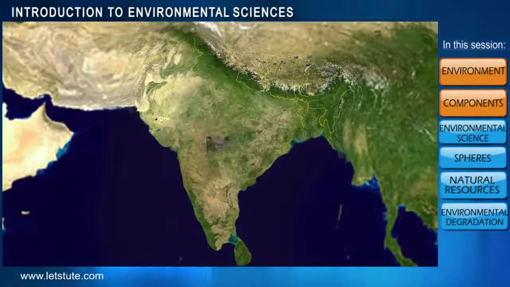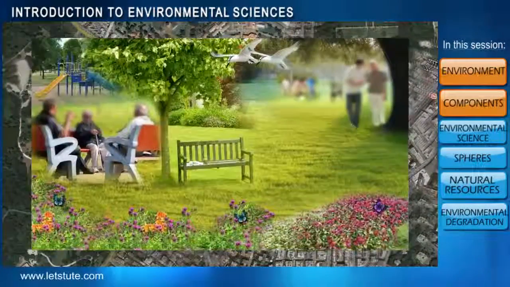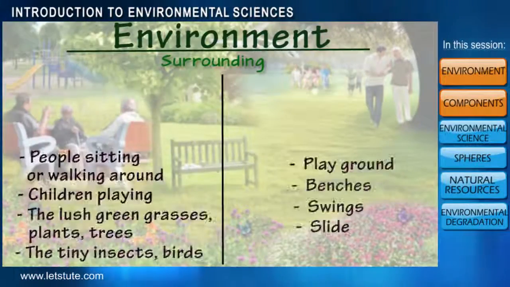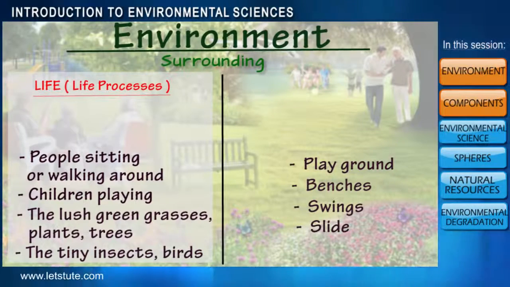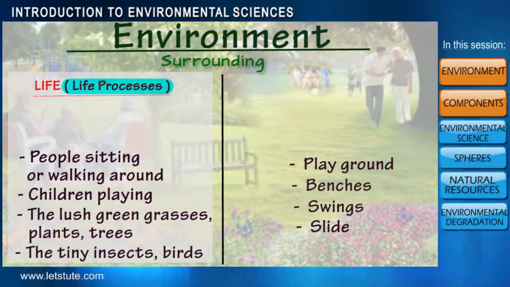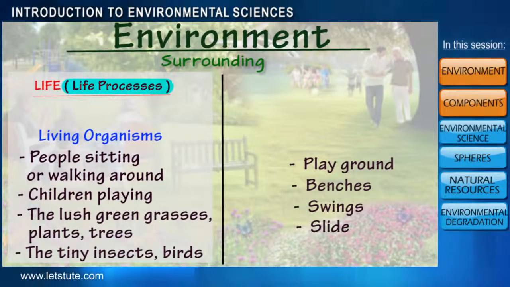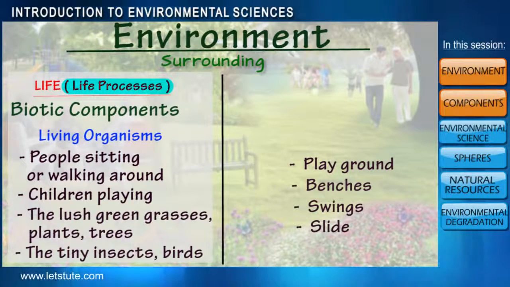Now that we have listed the things we see in this park, if we observe, the things to our left all have something in common. They have life in them, or they perform various life processes like eating, breathing, reproduction, etc. So we call them all living organisms, which in other terms are also called biotic components.